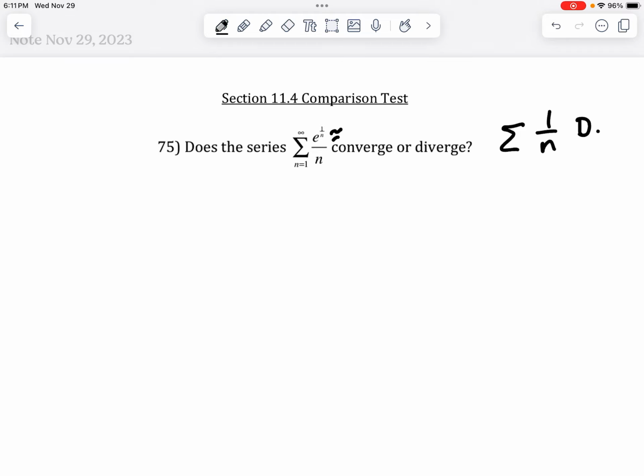So if this is basically becoming a 1, then my first guess of the 1 over n is actually going to pay off. I think this diverges, and I think we should use 1 over n to prove it.